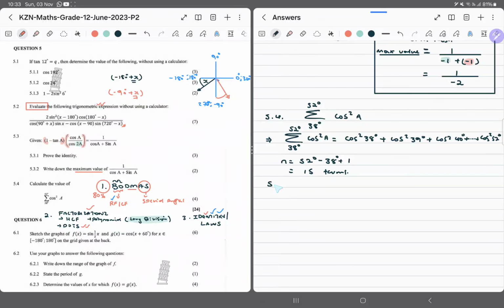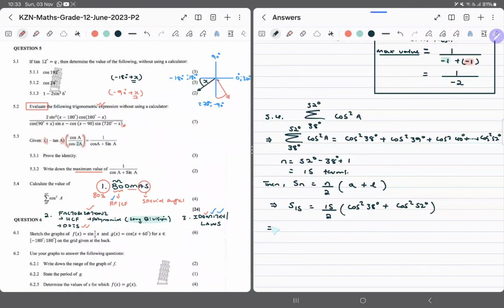We can say Sn in an arithmetic series is n over 2 into a plus l, isn't it? Yes. So this implies that S15 is going to be 15 over 2 into the first term, cos squared 38 degrees, plus cos squared 52 degrees.